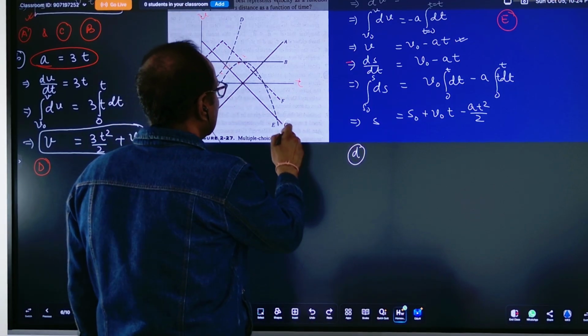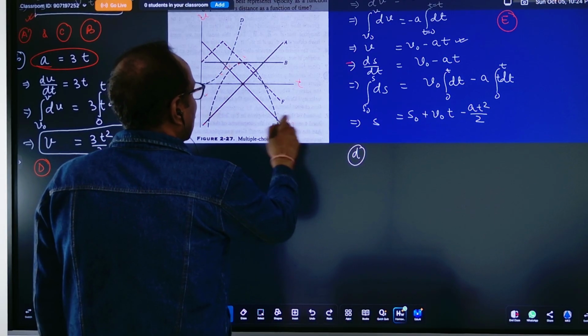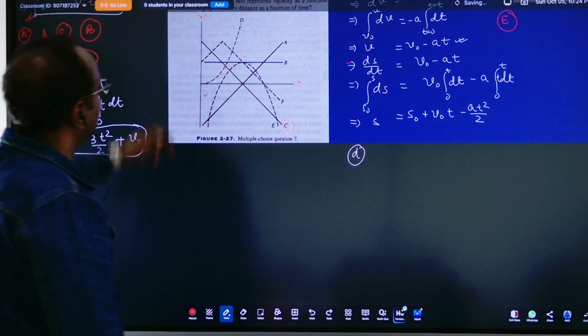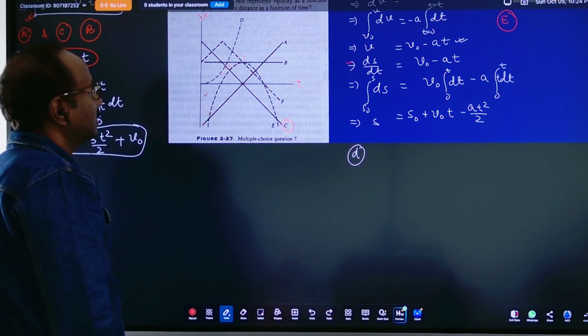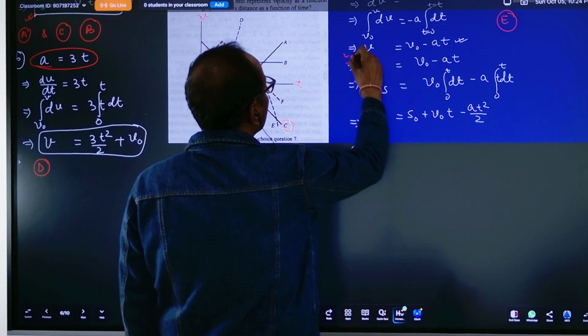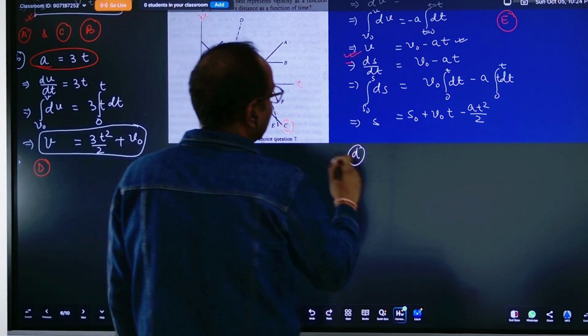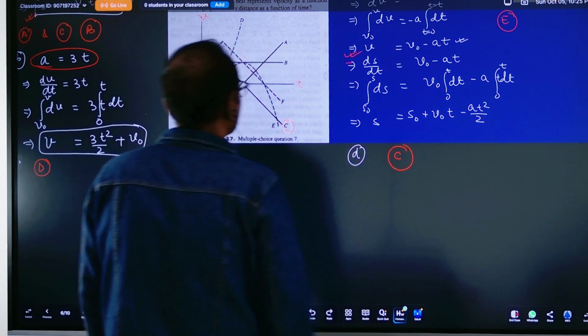C is the graph which has a negative slope and is a straight line. So this is satisfying this equation. So for D, C will be your answer.